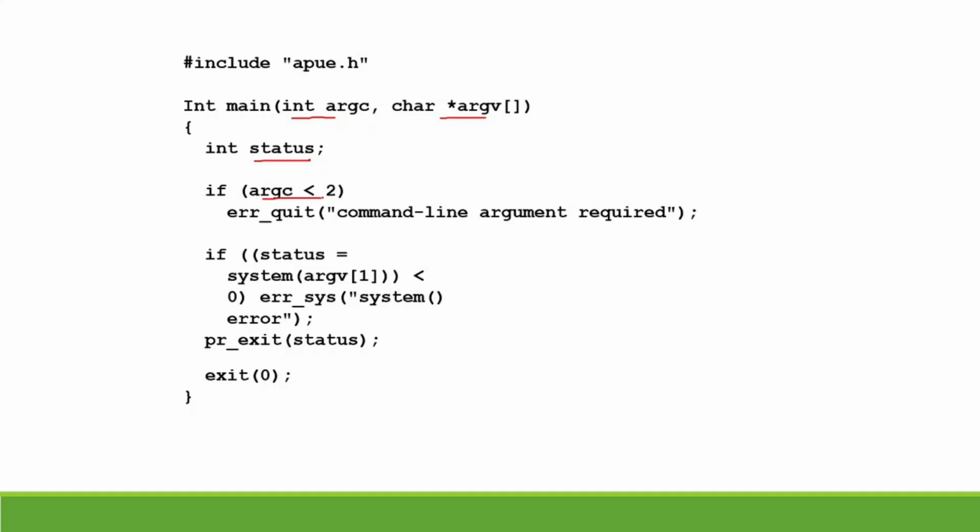If the argument count is less than 2, then we display an error message, command line argument required. Because along with the executable, dot slash a dot out, I need to specify the command that needs to be executed, for example ls. If I don't specify it, obviously this command is missing, which will be displayed here.